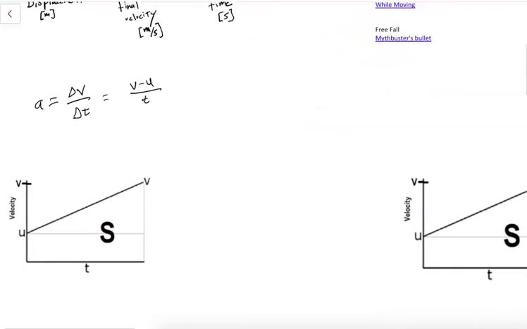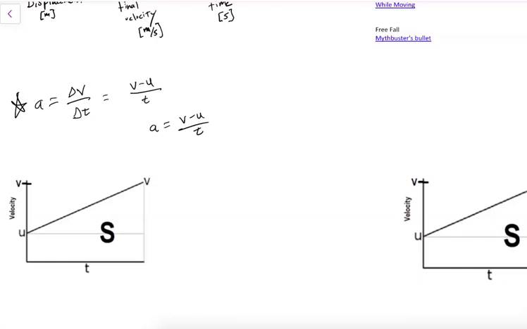I've got 2 graphs right here, and in these 2 graphs my goal is to try to find 4 equations. Actually, we're only going to get to 3. The fourth I'm just going to give to you because it's kind of hard to derive. The first one is rather easy, and it stems from this. If a = (v minus u) over t, then I'm going to solve for v.